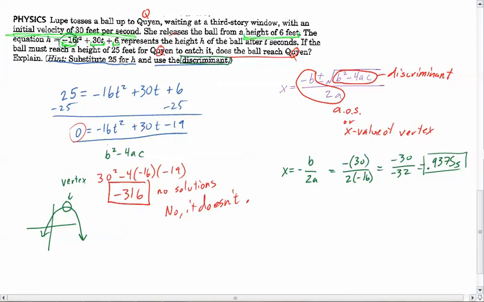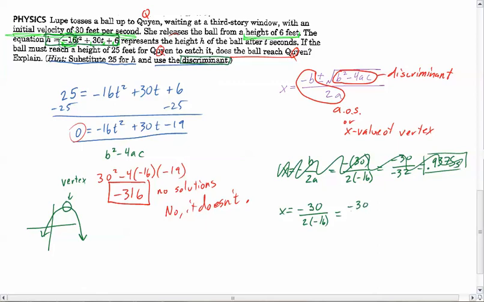Oh, I just made a mistake, didn't I? I just did the whole vertex for the wrong equation. I should be finding the vertex of the original equation, so I apologize for that. I really should go redo this video, but class is about to start and I don't have time. So b is 30 over 2 times a is negative. Oh, just kidding, it's the same thing, isn't it?